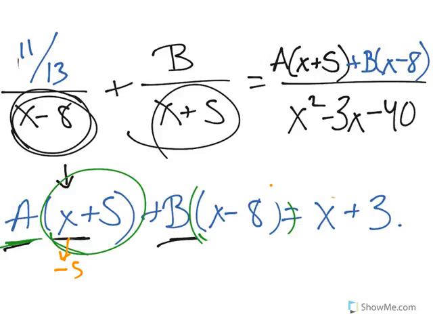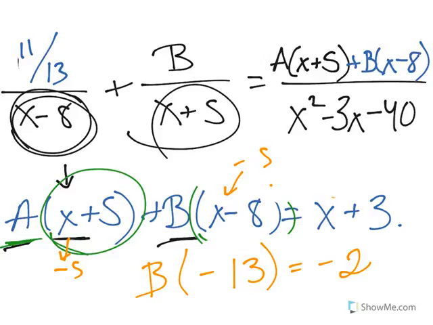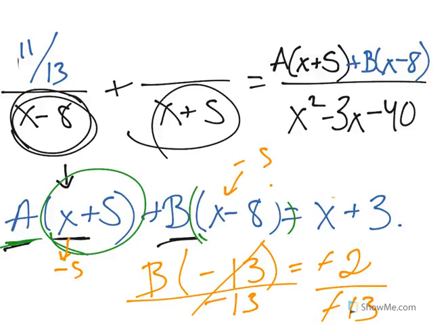I won't even write it in. And b, if we plug in negative 5 right here, we get negative 5 minus 8 is negative 13, equal to negative 5 plus 3, which is negative 2. So we divide both sides by negative 13. Here the negatives cancel out and we're left with b is equal to 2 over 13.